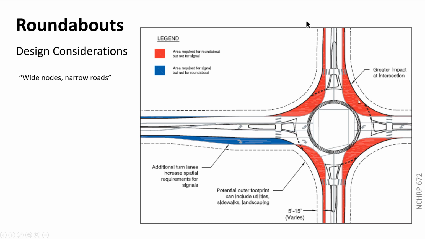On a signalized intersection, you're using a lot more right of way, a lot more area coming in on the approaches along the links and not as much at the intersection itself. In a roundabout, you use most of the extra space you need at the node, at the intersection, and not further out. So you can have narrow links and then wide nodes through there.